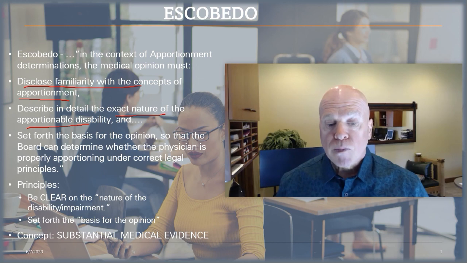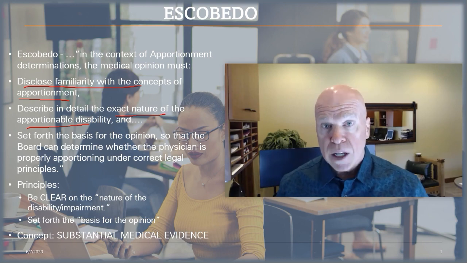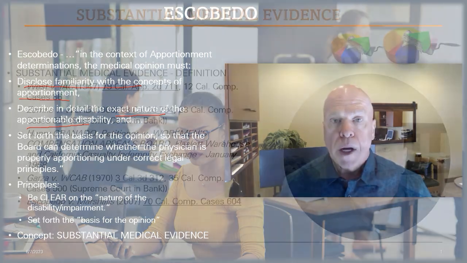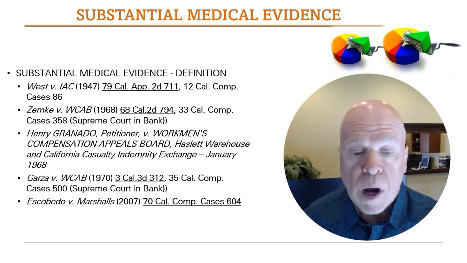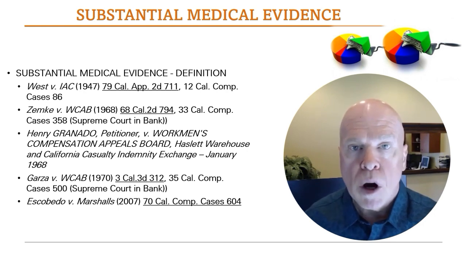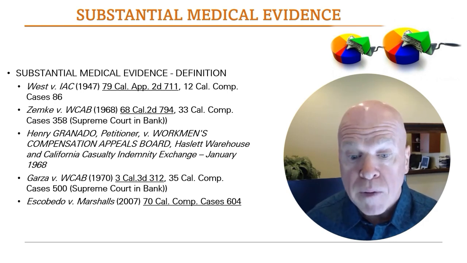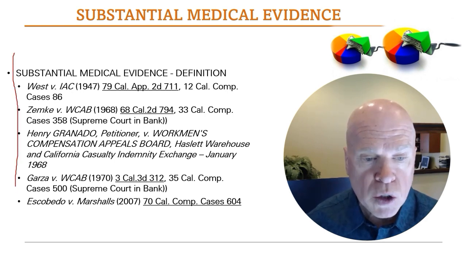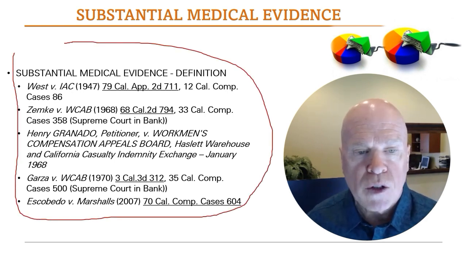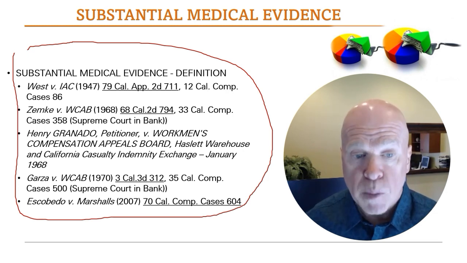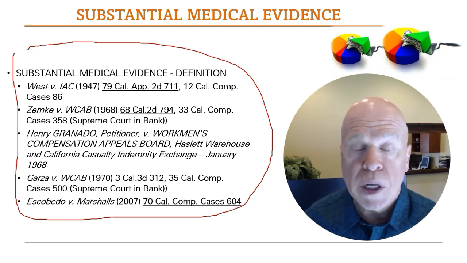So let's develop this idea of substantial medical evidence and how you can use it in formulating your own apportionment opinion. Now, in case law and throughout history, there are many, many cases that talk about what actually constitutes substantial medical evidence. And we're going to talk about some of those here. Some of these are historic cases going all the way back, as you can see, to 1947, and then bringing us all the way up to current with the Escobedo case.